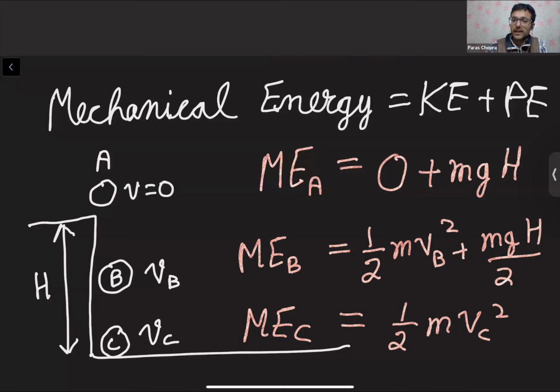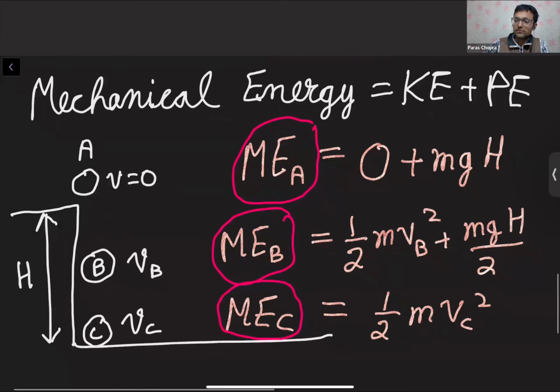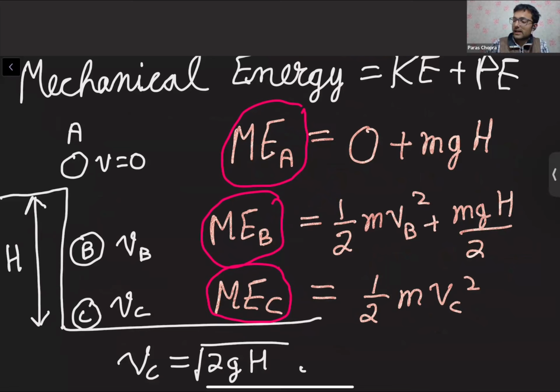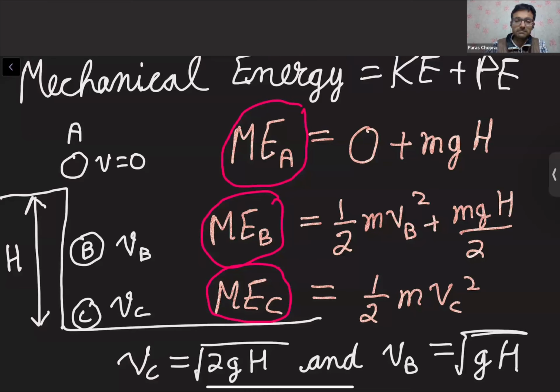The conservation of mechanical energy theorem says that all these three values will give you the same answer. So if you use the conservation of mechanical energy theorem, by comparing the energy at A and C, you can say that velocity at C will be equal to square root of 2gH. And similarly, you can say that velocity at B will be equal to square root of gH.